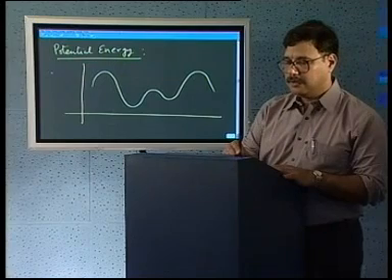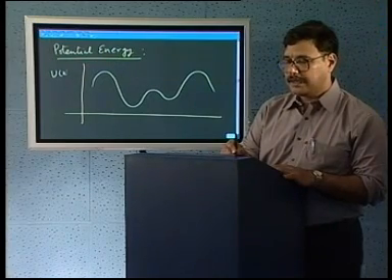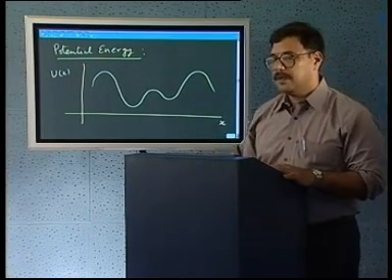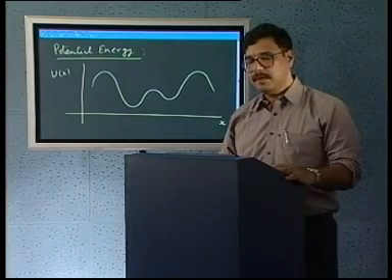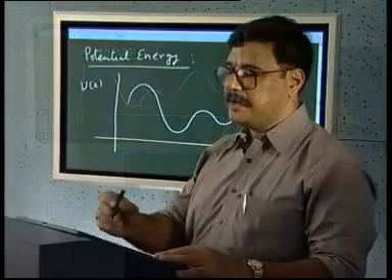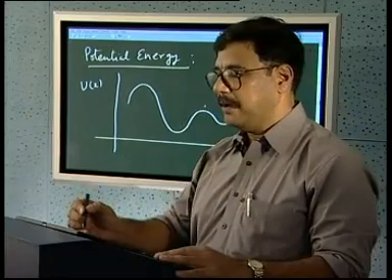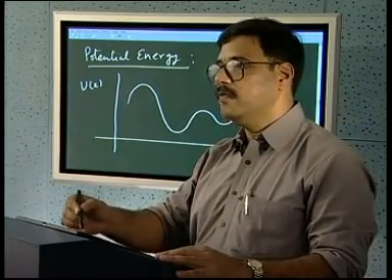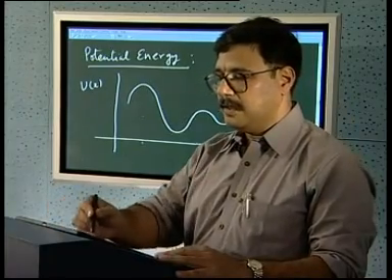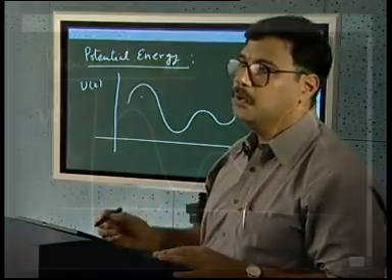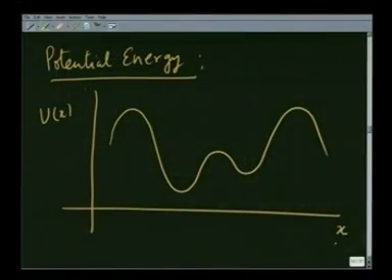So, this is U(x) versus x. I can simulate this by taking a wire in this shape and let a bead move over it, because the height would be proportional to the potential energy because of the gravitational force.